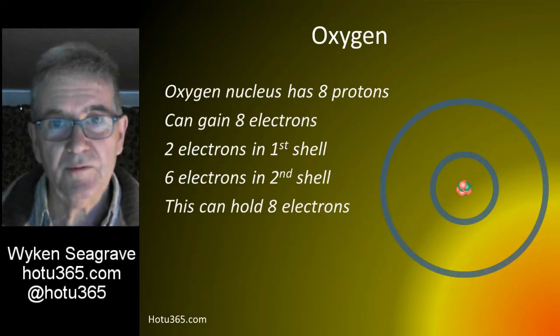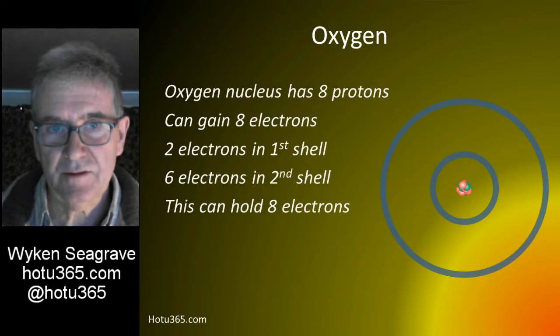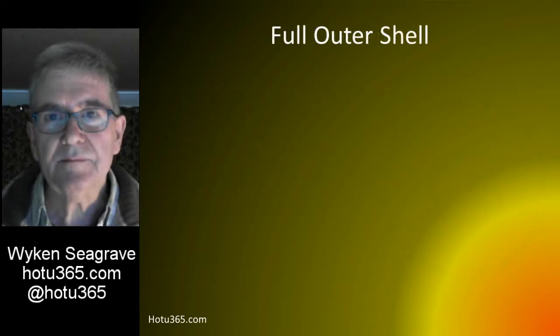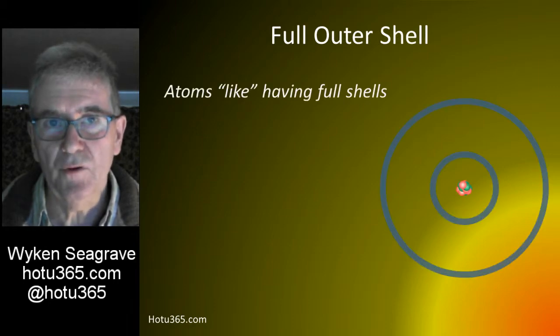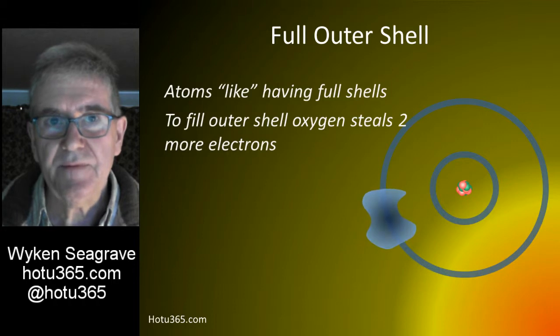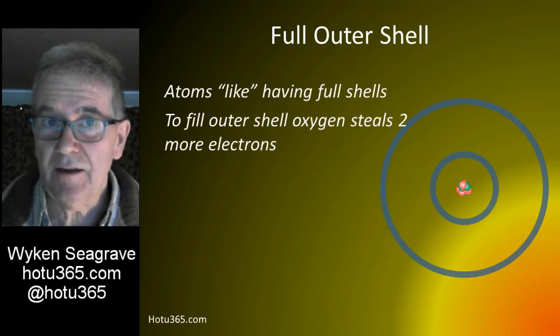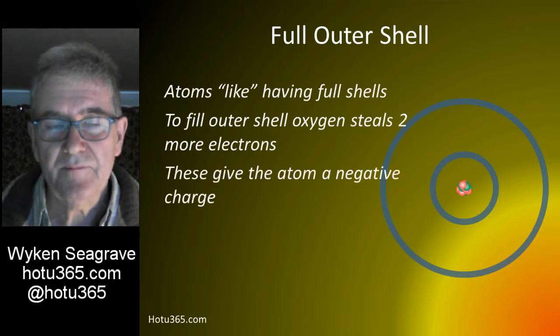But we know that the second shell can hold 8 electrons. Atoms behave as if they like having full outer shells. To fill its outer shell, therefore, oxygen often steals 2 more electrons.